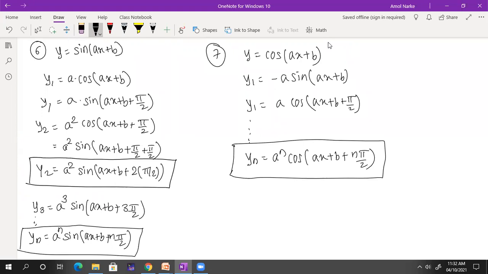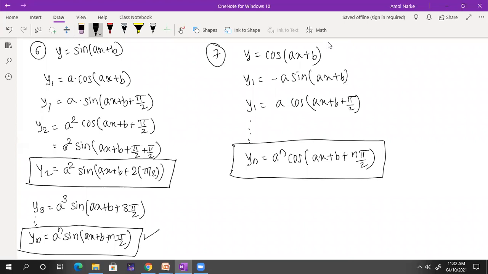Because there, if I have to find the nth derivative of sine, I'm going to directly put a raised to n sine ax plus b plus n pi by 2. I'm not going to see the middle step. Like that only we are going to do. Everyone done with that? Yes, sir. Can I go further? Yes or no? Yes, sir.